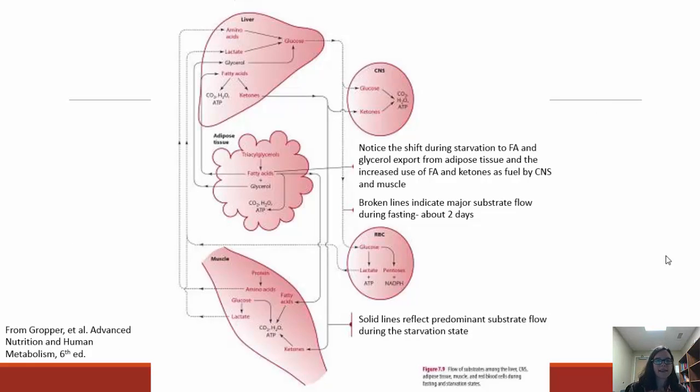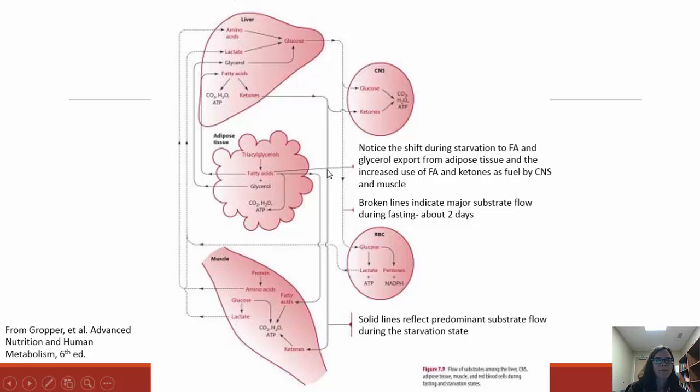Okay, and then we have this same graphic, but this is demonstrating how macronutrients are utilized during the fasting and starvation states. So here we have our amino acids that are then being conserved, so they're not as much of a substrate for gluconeogenesis.